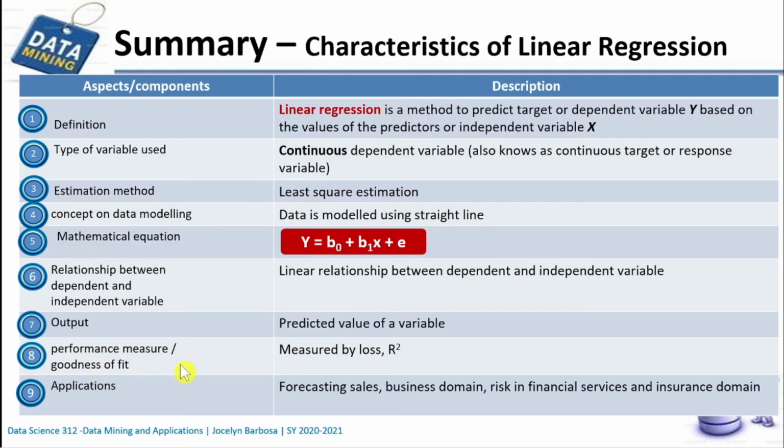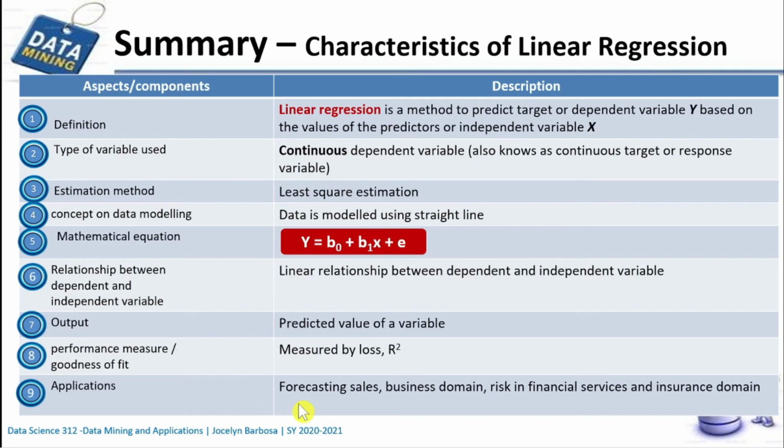What about the performance measure or goodness of fit of the line? It is measured by the loss, as we have shown earlier, the r squared, wherein if the value of the r squared is a little bit smaller, there is an implication about the distance from the predicted y value to the actual value.